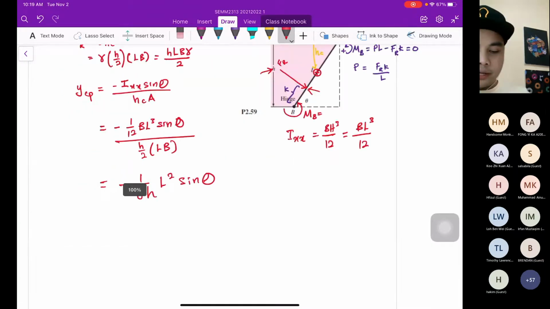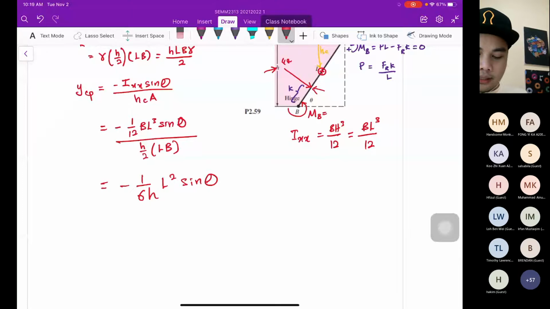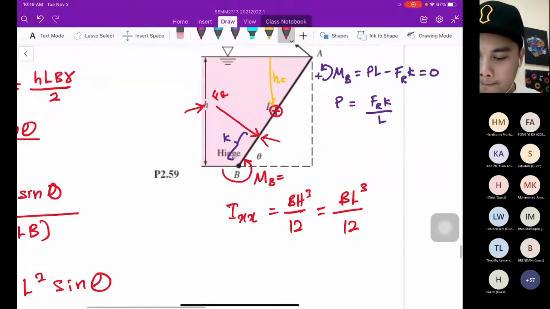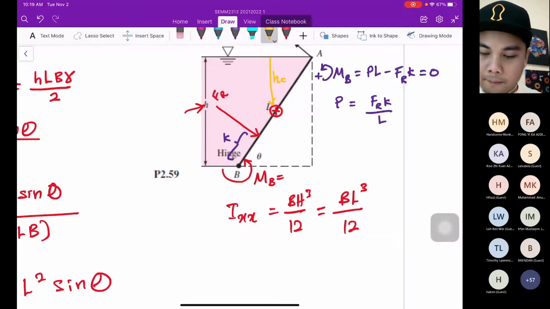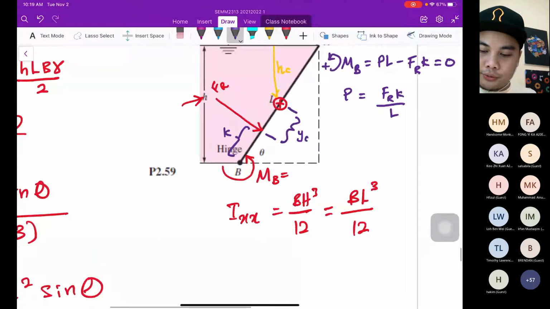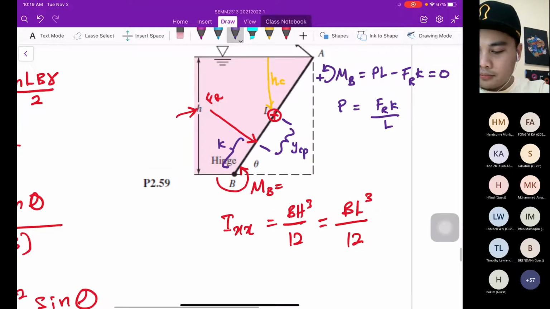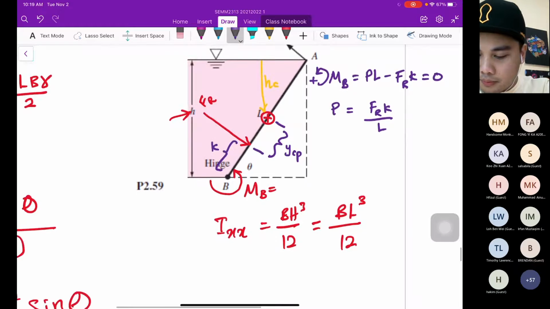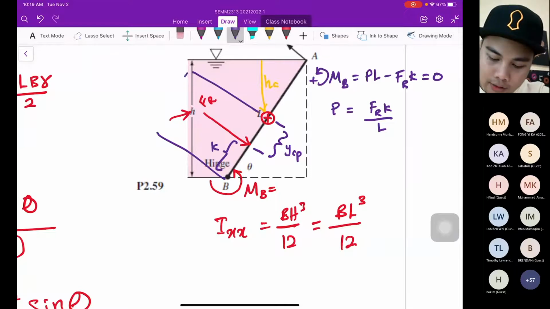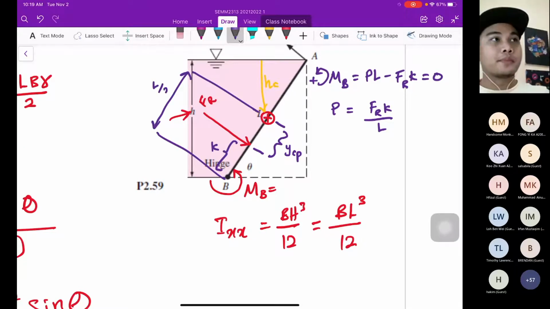So that means YCP is this value, from this point to this point. From here to here is L over 2.